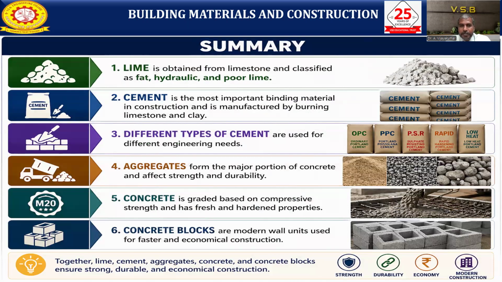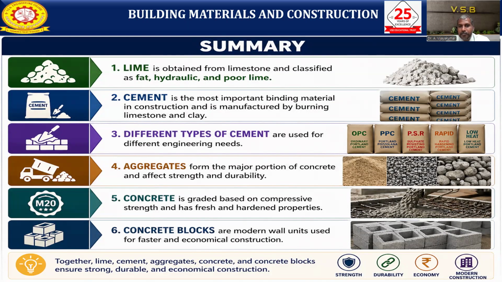As of now, what we discussed is the different types of lime, where we get lime from limestone, and the classification of lime, especially fat, hydraulic, and poor lime. Then we discussed cement, the most important binding material in construction, manufactured by burning limestone and baked clay, and the different types of cement used for different engineering needs.